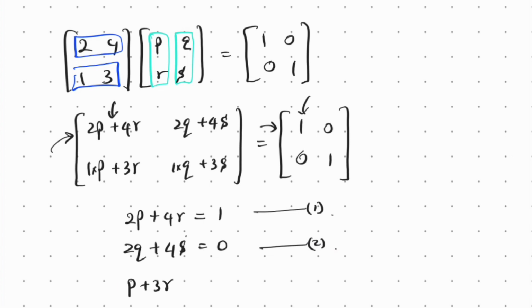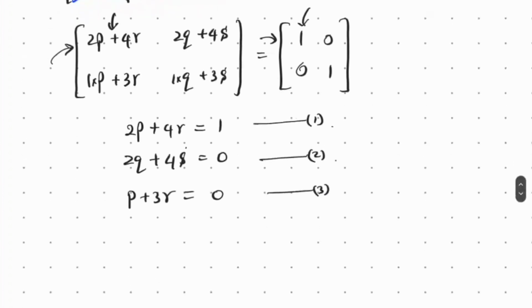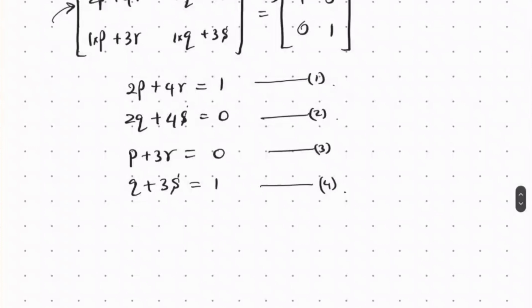P plus 3R is going to be 0, my third equation, and Q plus 3S is going to be 1. So these are my equations. I'm going to simplify them and get to P, Q, R, S, and that gives me the inverse.